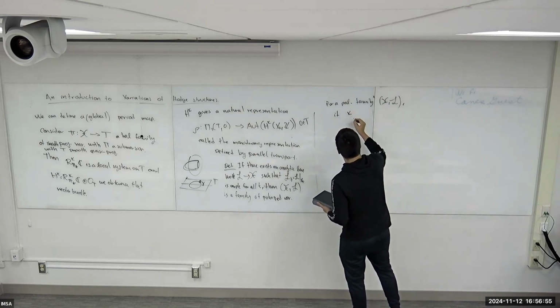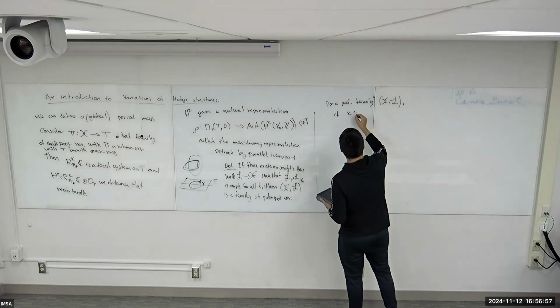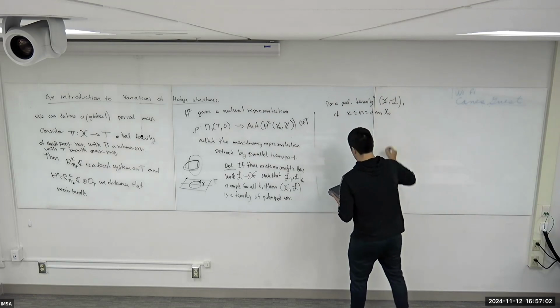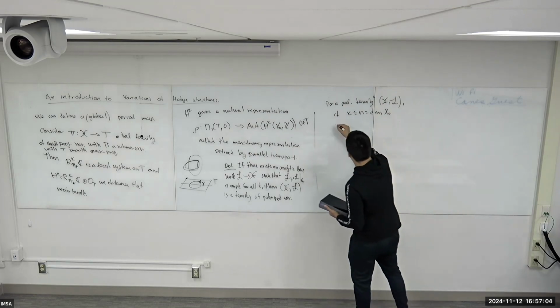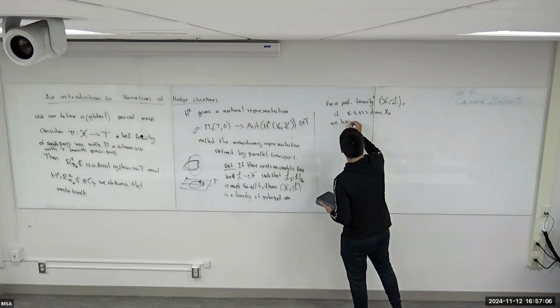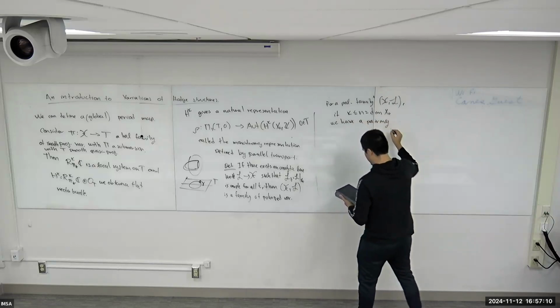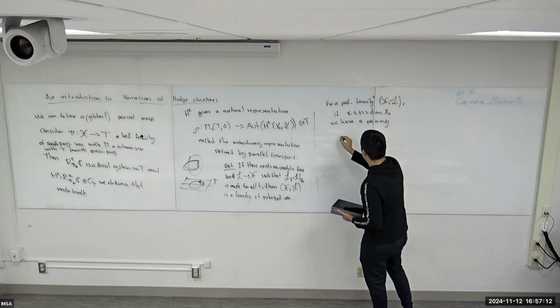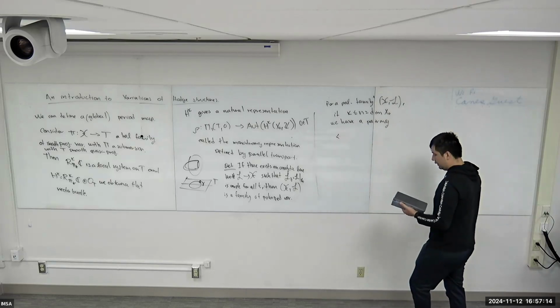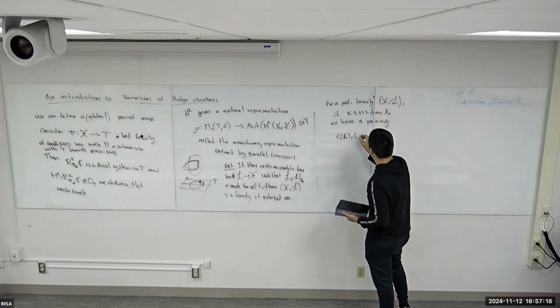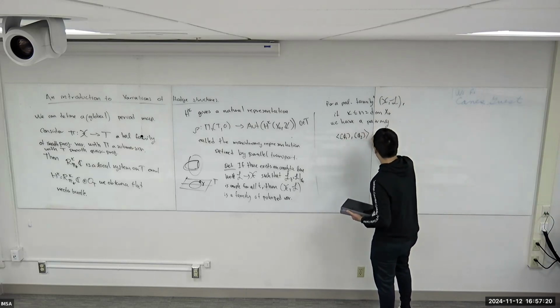If we have k smaller than n, where n is the dimension of the central fiber, we have a pairing. This is not completely correct, but let me just define it like this to give you an idea.